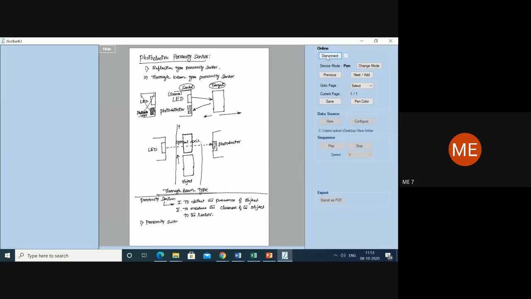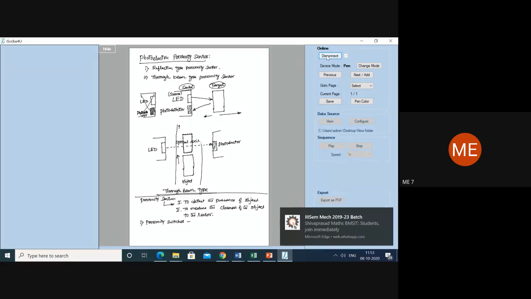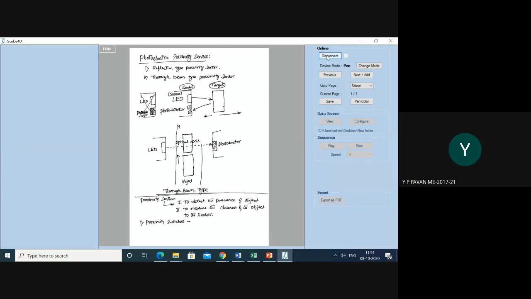Out of the above objectives, which objective does it cover, number one or number two? One, sir, the true beam type. The first one.